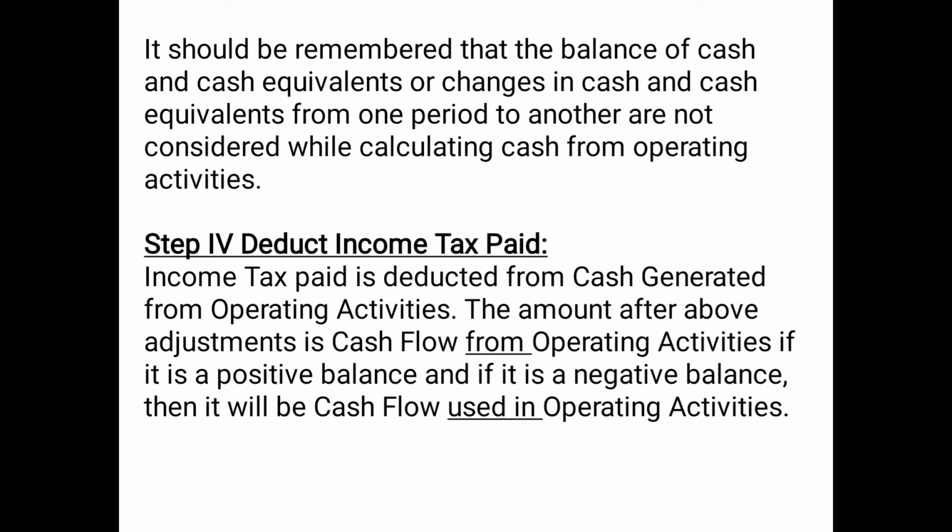So ultimately, after deducting income tax paid, we will get the amount which will be cash flow from operating activity if the amount is positive. And if the balance is negative, then it will be written as cash flow used in operating activities.